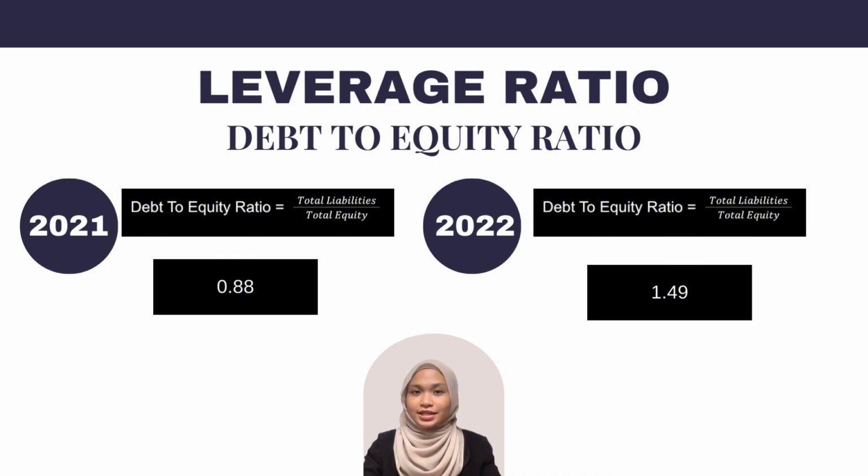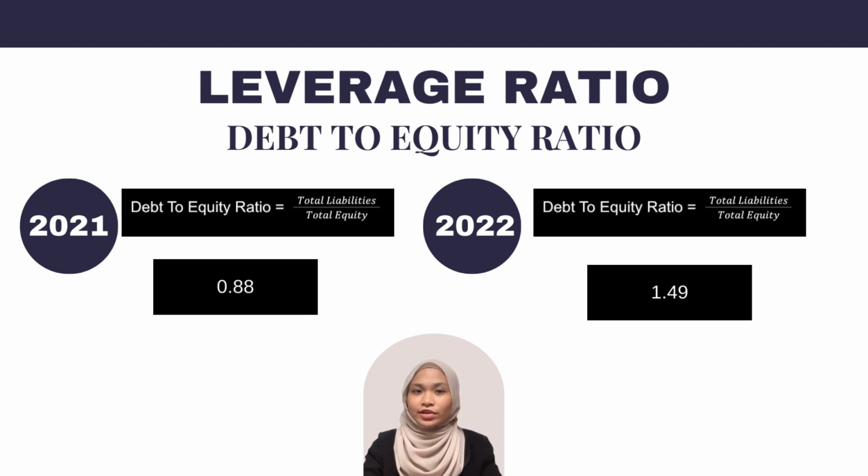Lastly, I would like to discuss the leverage ratio, which consists of the debt to equity ratio. The debt to equity ratio or DE ratio is a crucial metric in corporate finance, which indicates a company's financial leverage. Based on the table, in 2021 it was 0.88, up to 1.49 in 2022, indicating a 0.61 increase. A higher ratio indicates more risk, while a low ratio may indicate insufficient debt financing.